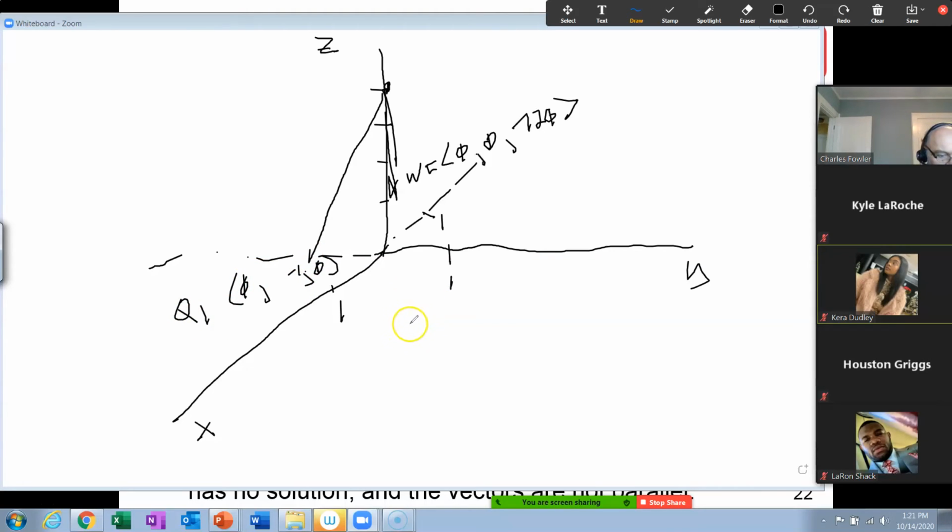Q2 over here is √3/2, 1/2, 0. So the 1/2 is going to be here, and √3/2 is about 0.866, so it's going to be about here.